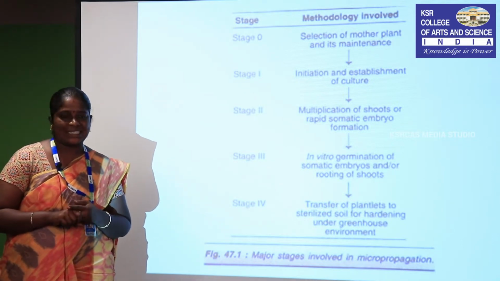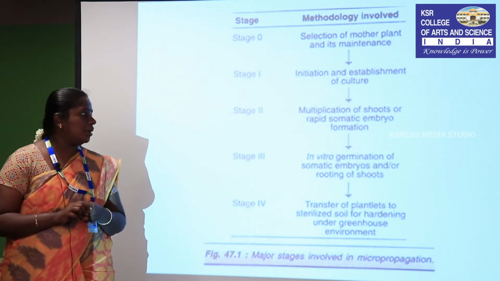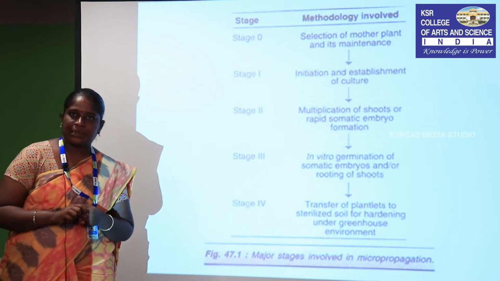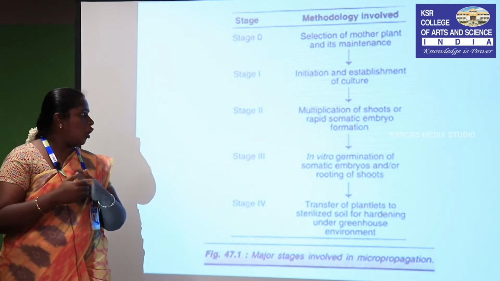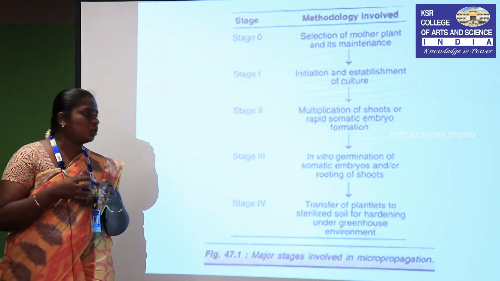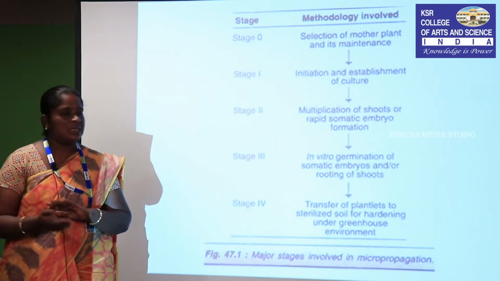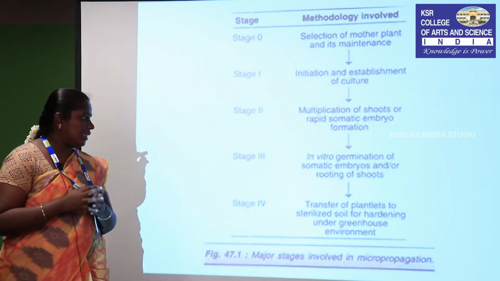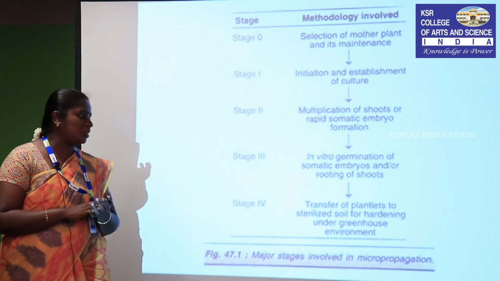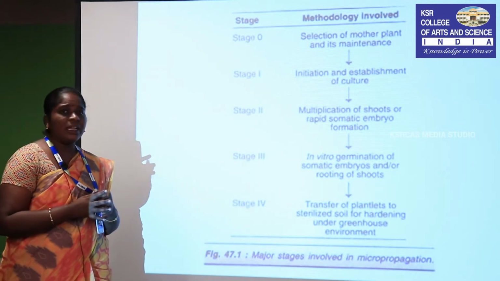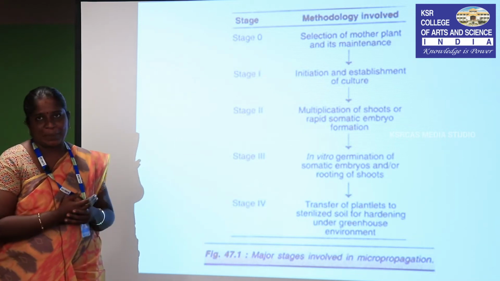Next, multiplication of shoots or rapid somatic embryo formation. In the third stage, in vitro germination of somatic embryos, with roots or shoots. And in the fourth stage, transfer of plantlets to sterilized soil for hardening under greenhouse environment. These are the methodology steps involved in micropropagation.